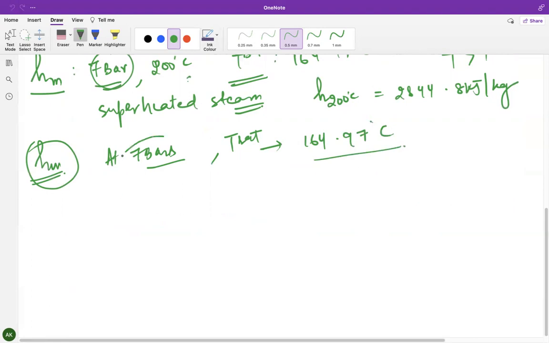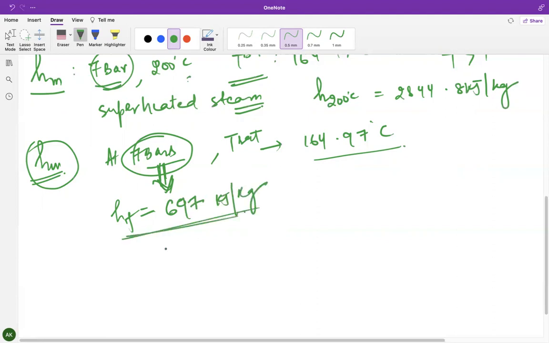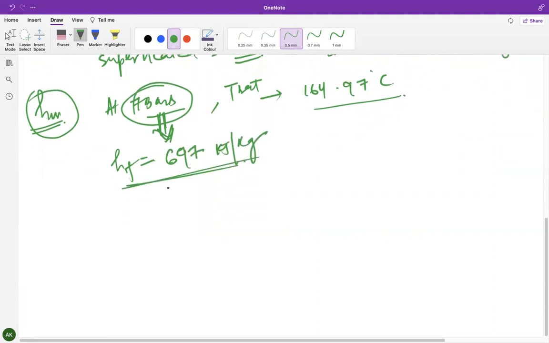And at 7 bars, if we look up the Hf value in the saturated steam tables, it is given as 697 kilojoules per kg at 7 bars. This is the enthalpy of liquid water at 7 bars. Now we find the enthalpy of water. It is the enthalpy of liquid water minus Cp delta T, which is the specific heat for the phase change.